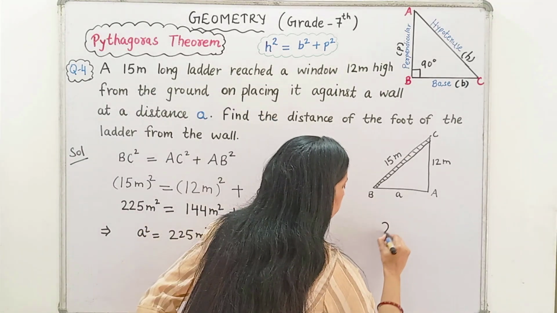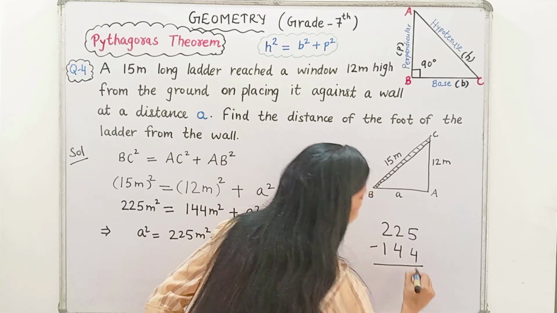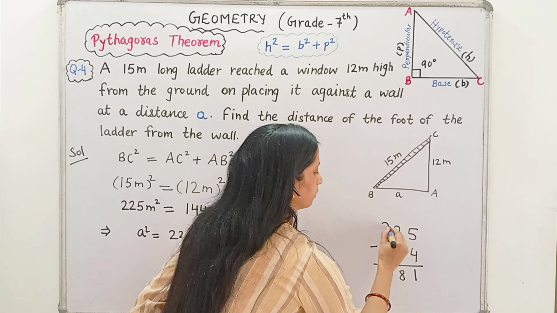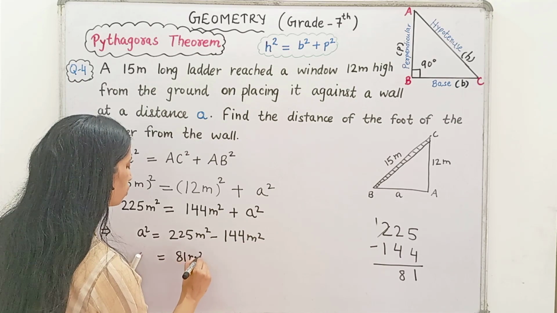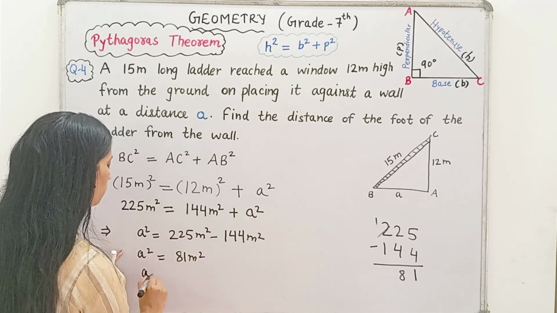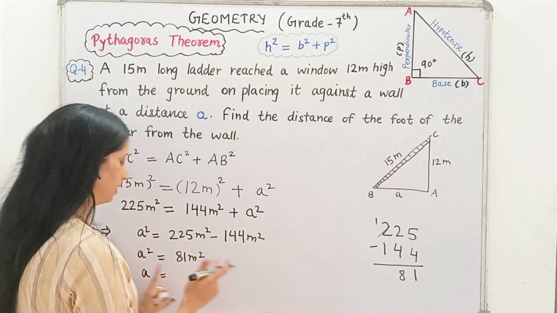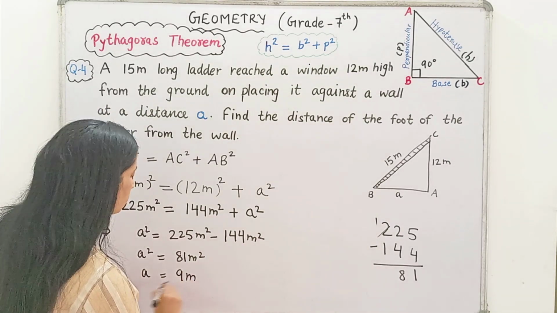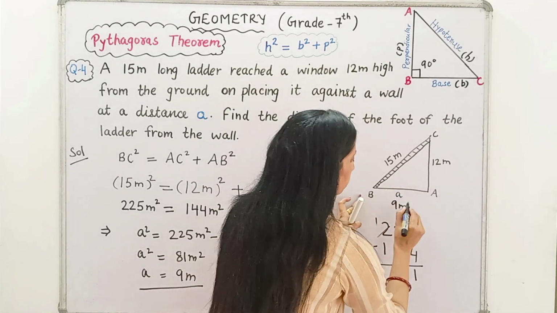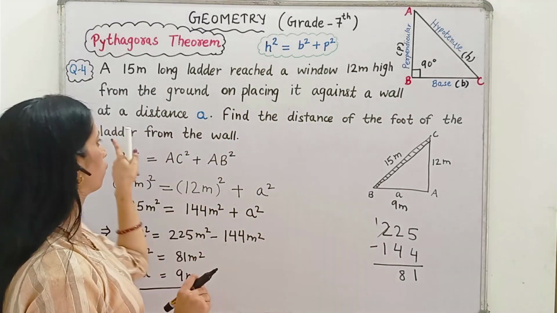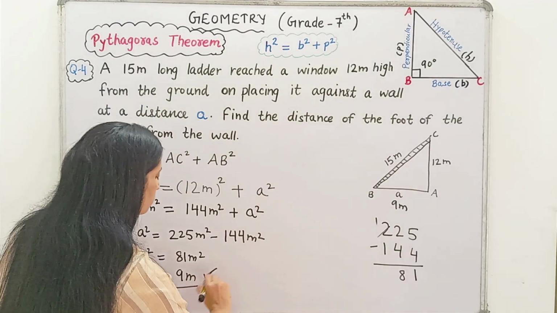Let's subtract it. 225 minus 144. 5 minus 4 is 1. 12 minus 4 will be 8. Here we will be left with 0. So we will get 81 meter square. What will be the value of A? A will be simply 9 meter, because 81 is the square of 9. So the value of A will be 9 meter. This means the distance AB will be 9 meter. The distance of the foot of the ladder from the wall is 9 meter. So this will be the answer.